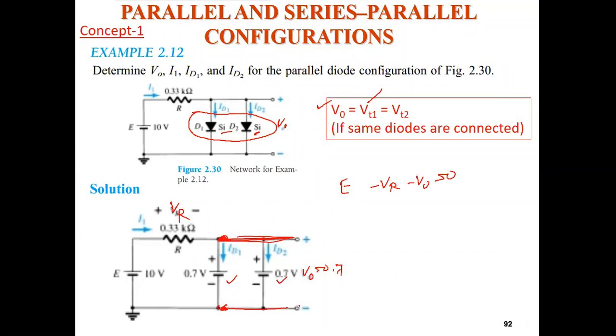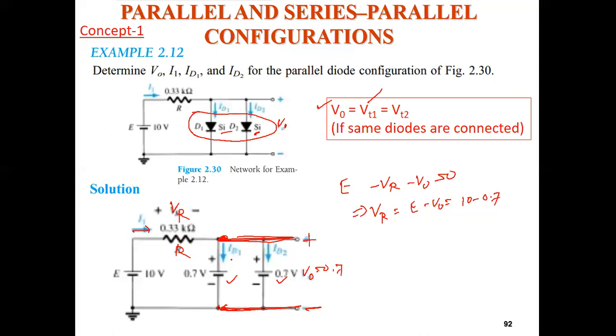Similarly these 3 points are the same point, and V0 is the voltage between this plus sign and the bottom minus sign. So VR equals E minus V0, or 10 minus 0.7. So you got the voltage across this R resistor. Once you get this, you can calculate your I by dividing by this resistance.